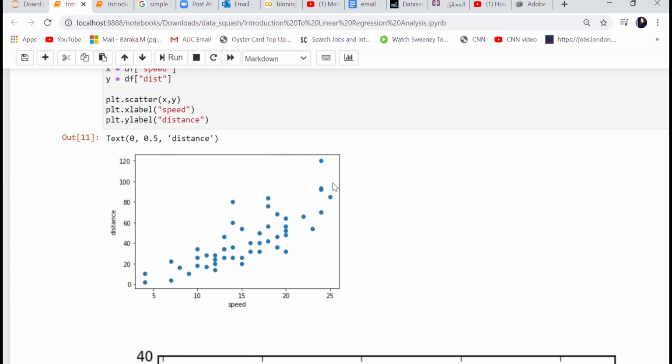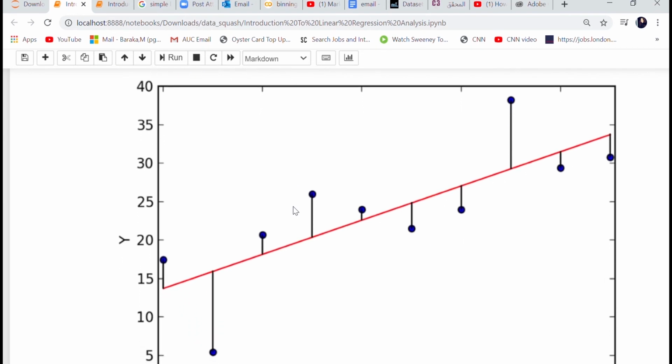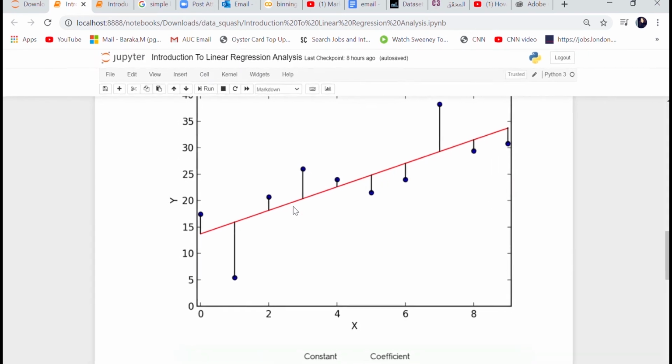Because the points are not perfectly aligned. So what regression analysis attempts to do is to fit a line to these points that minimizes the vertical distances between each point and this line. So I got that picture from the internet, and this is just two random variables x and y.